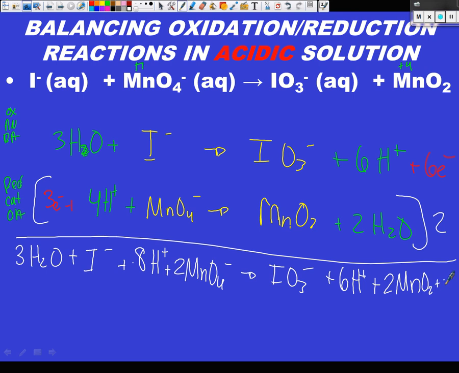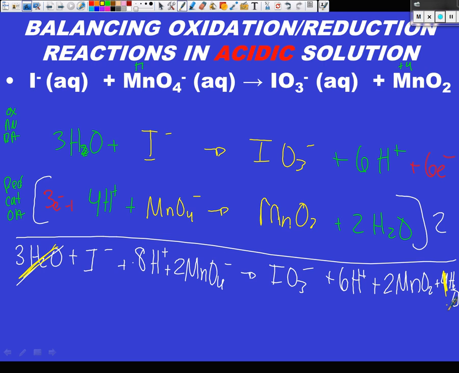MnO2 plus 4 H2O. Now, this is one we haven't done like this yet because do you have the same thing on both sides? Yes. I've got 3 waters here, 4 waters there. When I combine, what does that leave me with? That leaves me with just one water on that side.